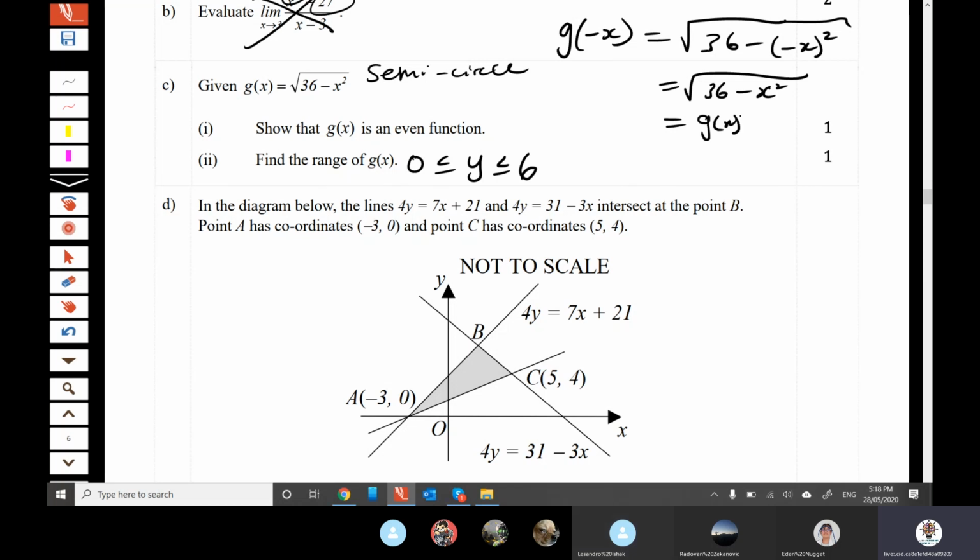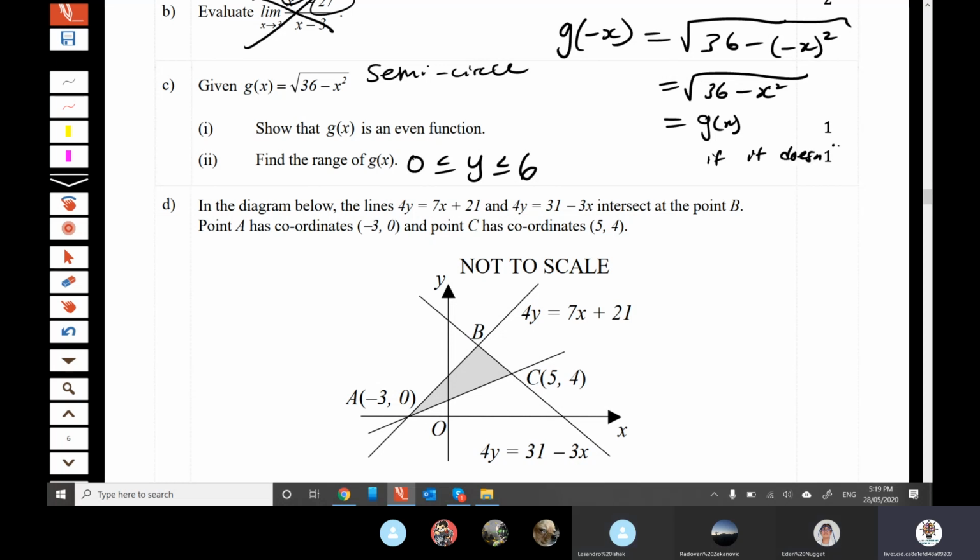So if the idea was you always sub in -x, these were the steps. If it gives you the original, sorry, Eden? Yep, I remember that now. Okay, yeah. Sub in -x. If it gives us the original, happy days, no problems, it's even. If it doesn't, what do we do? It's called an odd. You take out the negative.